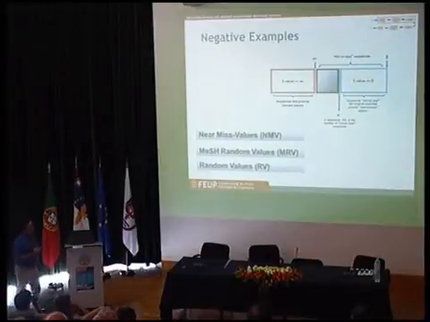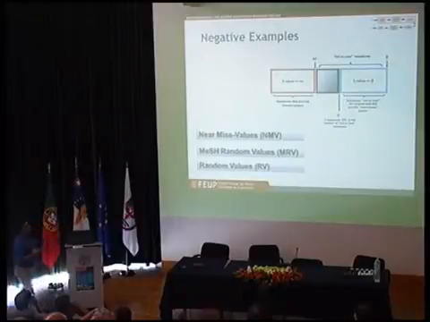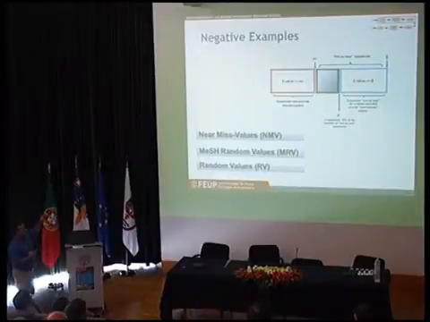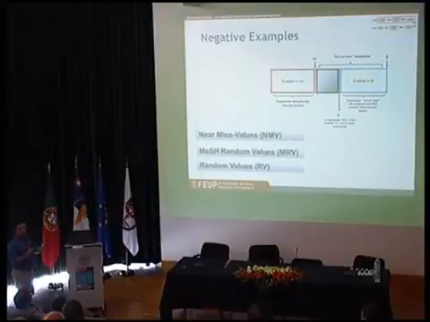Another thing we do is generate the second class, the negative examples. When you use BLAST, the algorithm that fetches similar sequences, there's a measure of similarity called the E-value that determines the distance between two sequences.